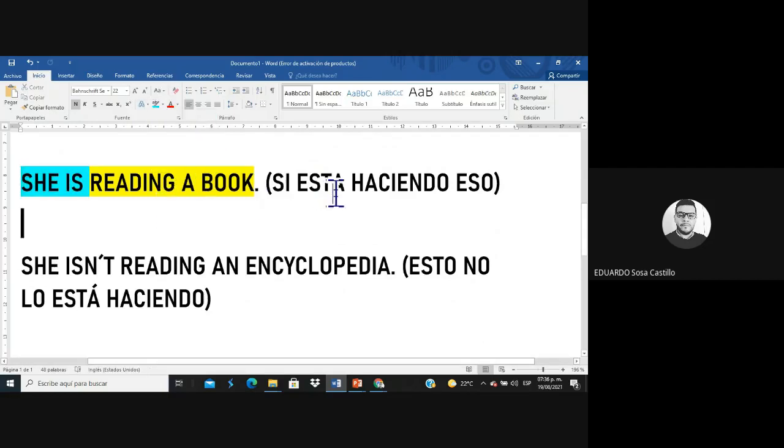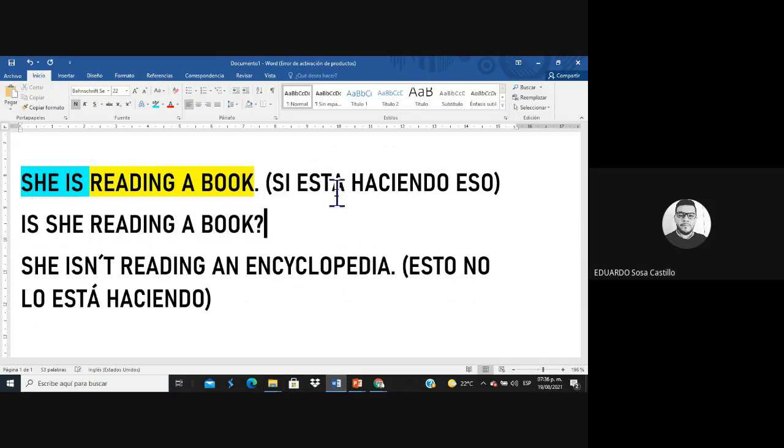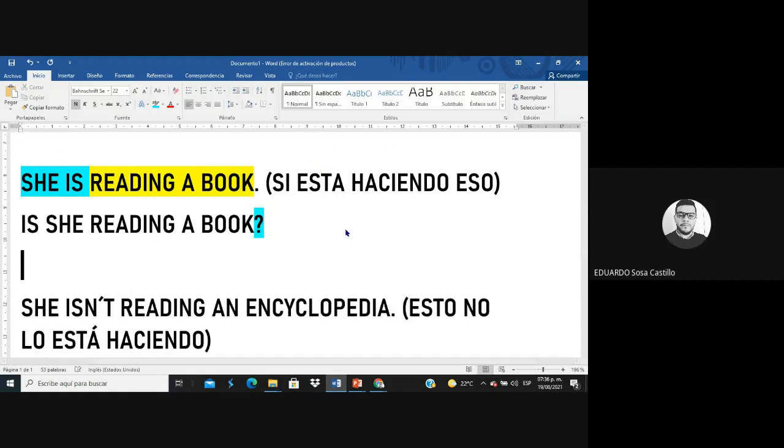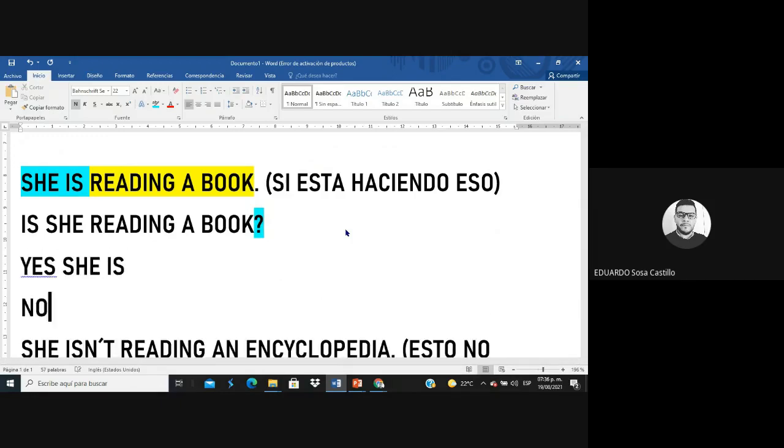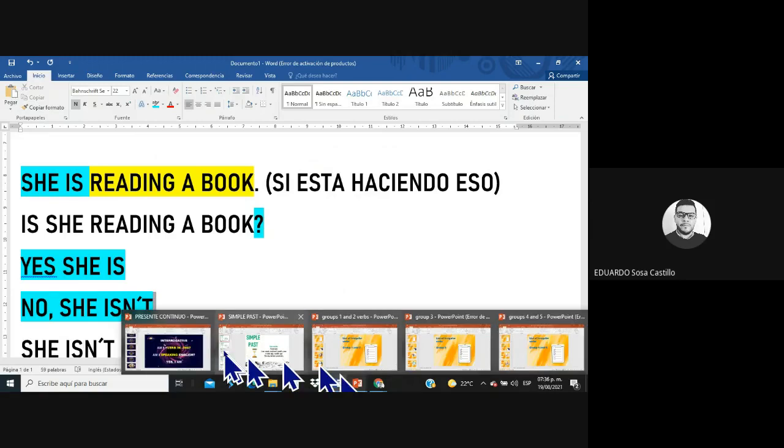It's easy because you say, is she reading a book? And now it has become a question. See it? Is she reading a book? And then my options are yes, she is, or no, she isn't. Here are my two options for the questions. Can you see it?